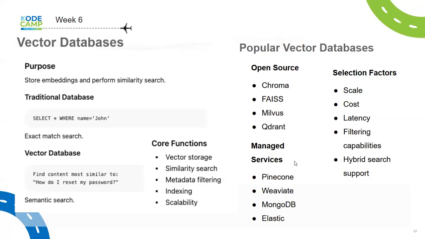One other interesting thing is that as of today, a bunch of traditional database management systems, the relational database management systems like PostgreSQL, MySQL, and co, now have extensions, right, or plugins that allow them to act as vector databases.